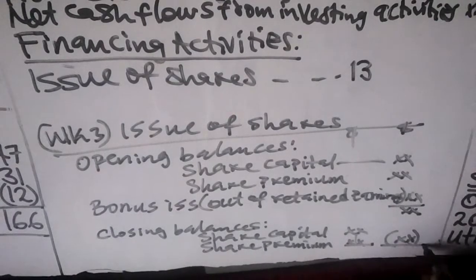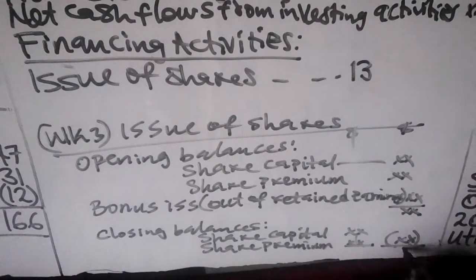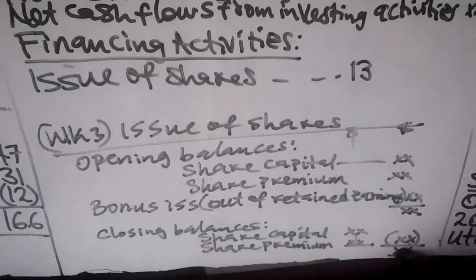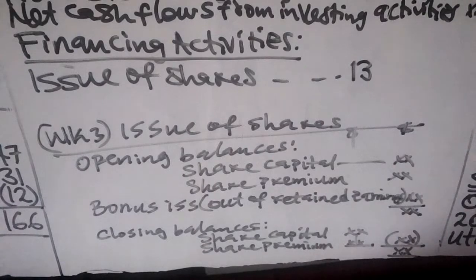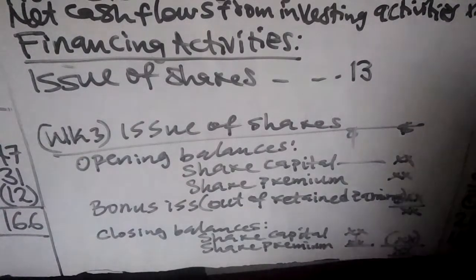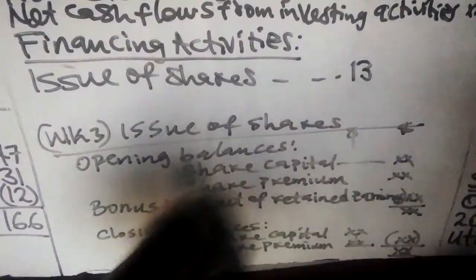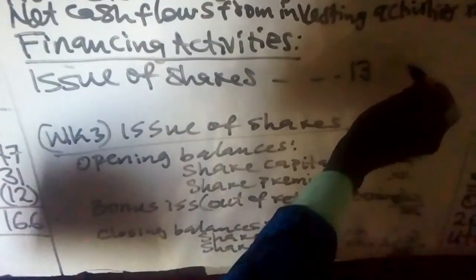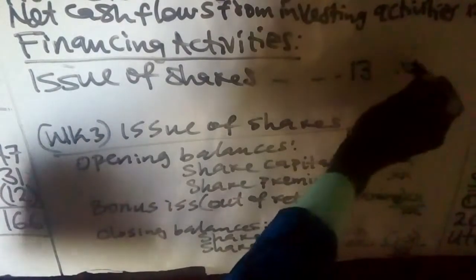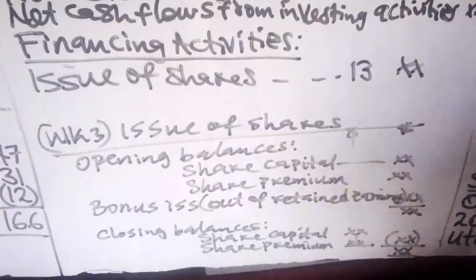When you remove the closing balances from this total, then you have the balance that will represent issue of shares. And this issue of shares will be considered as financing activity in our statement of cash flows.